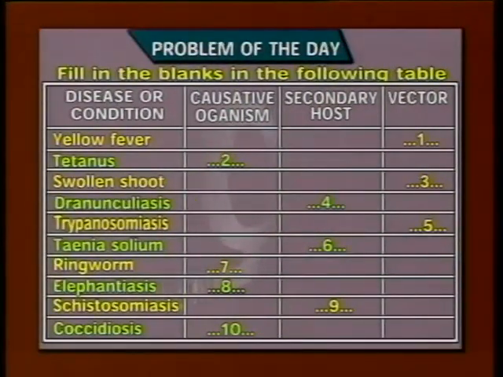The diseases or conditions are yellow fever, tetanus, swollen shoot, dracunculiasis, trypanosomiasis, taenia solium, ringworm, elephantiasis, schistosomiasis, and coccidiosis. Contestants are to provide the causative organism, secondary host, or vector. That, viewers, is the problem of the day.